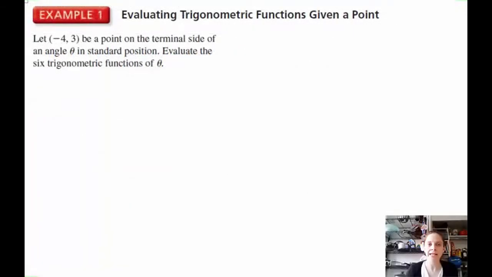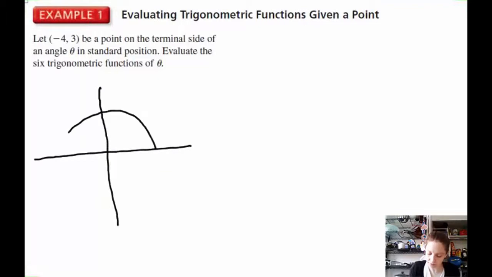Example 1. Let (-4, 3) be a point on the terminal side of angle theta in standard position. Evaluate the 6 trigonometric functions of theta. So here I go drawing the diagram. We have our circle. I'm going to say right around here is the point (-4, 3).